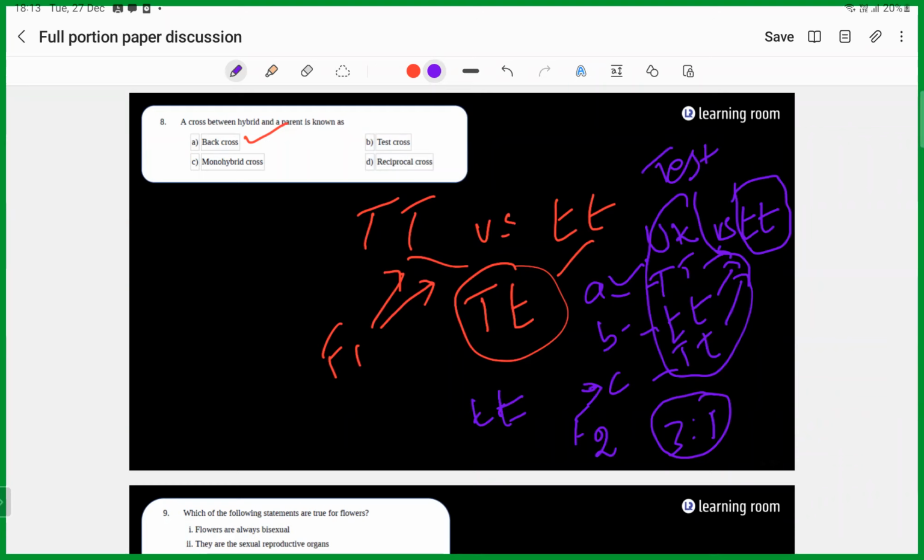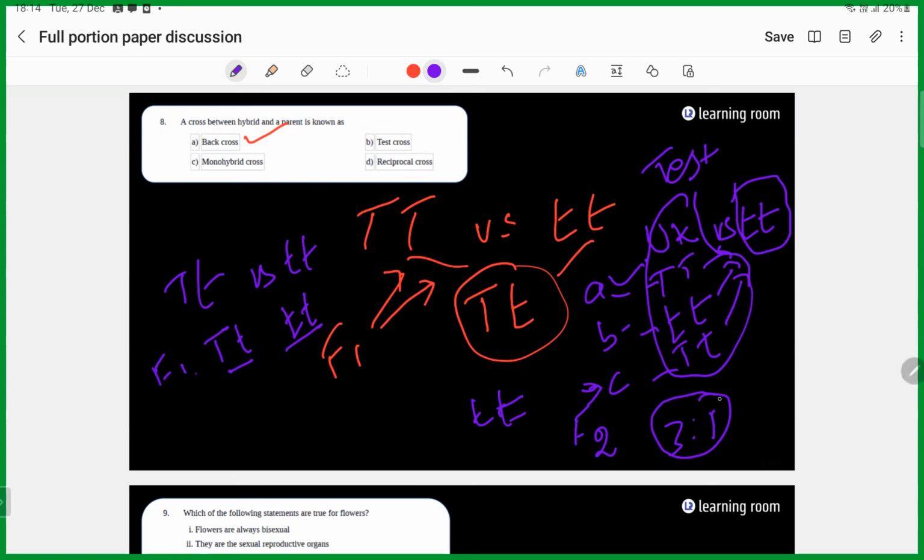Then if you work out like this, one dwarf and one tall, 1:1 in F1 itself. What is the unknown? It's option C. Correct? You get my point?